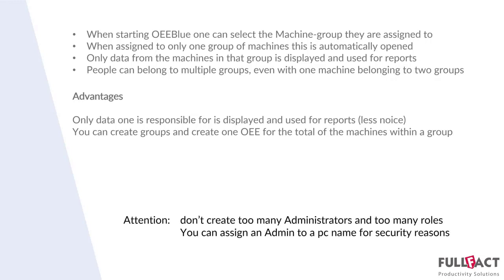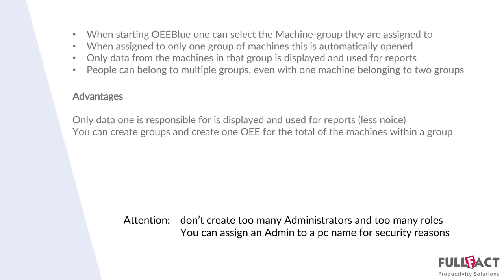Don't create too many administrators and too many roles. Sometimes we arrive at customers, have a look and check the sanity of the database, and we see some 15 to 20 administrators. This means a pretty big overhead.